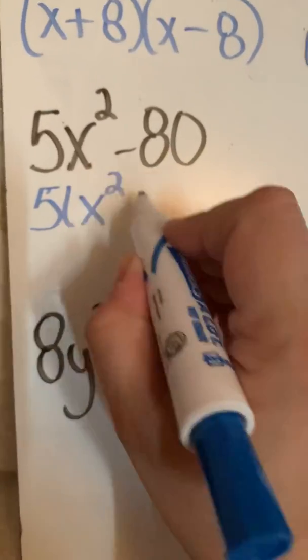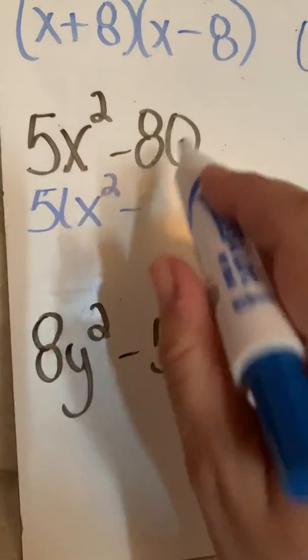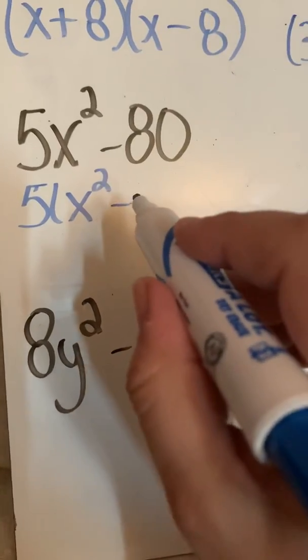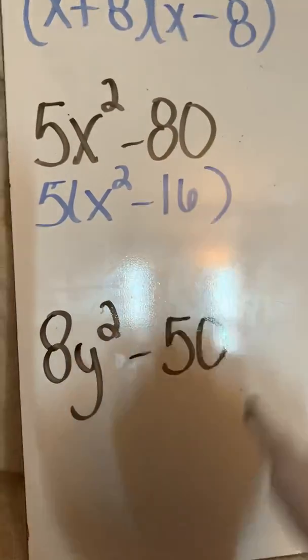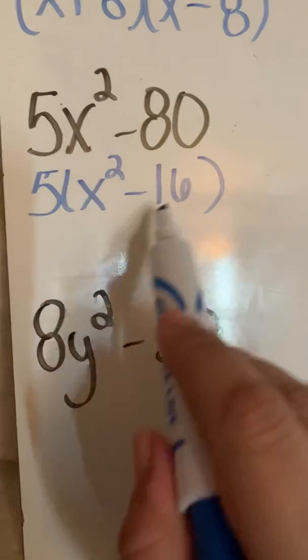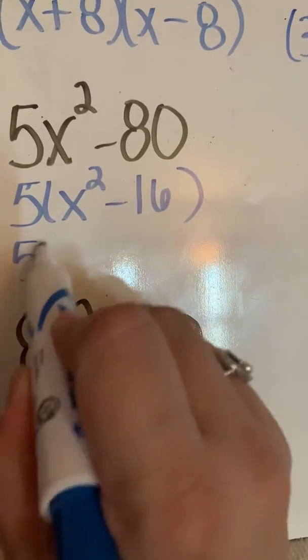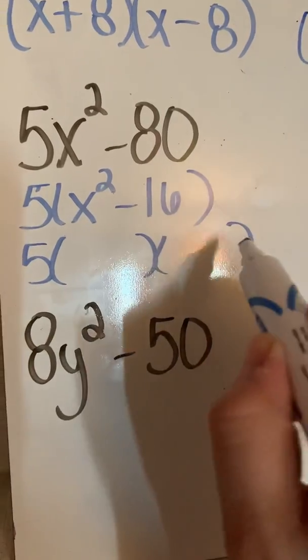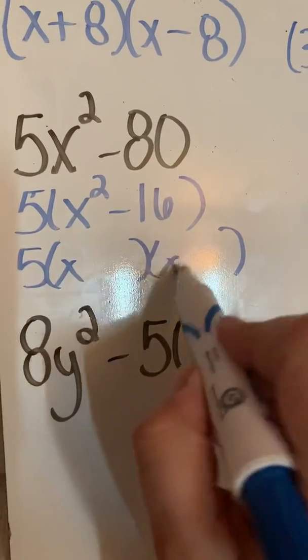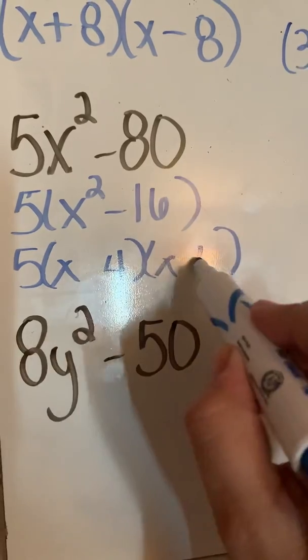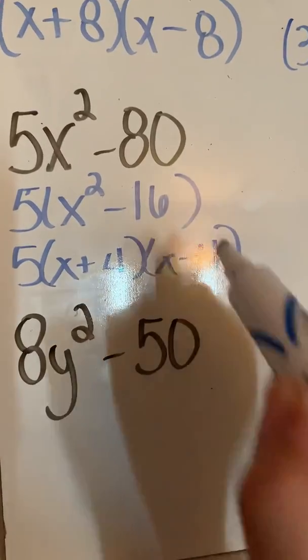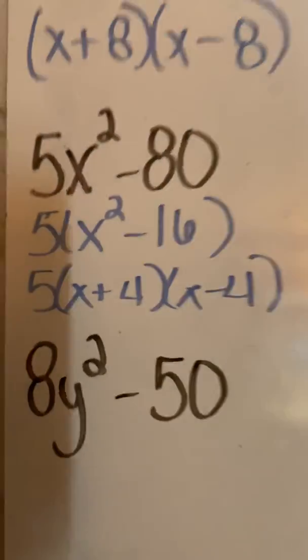So now we've got x squared minus, how many times does 5 go into 80? 16. Here's your difference of squares. So we got 5. Put down your 2 sets of parentheses. X, 4, 4, throw in a plus, slap down a minus, done.